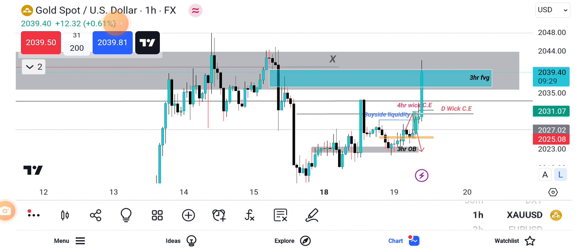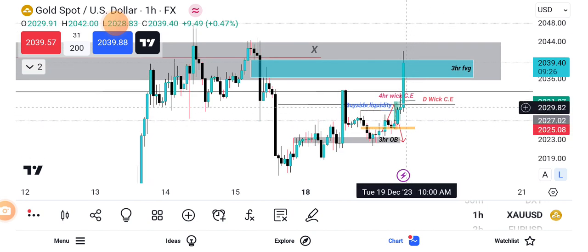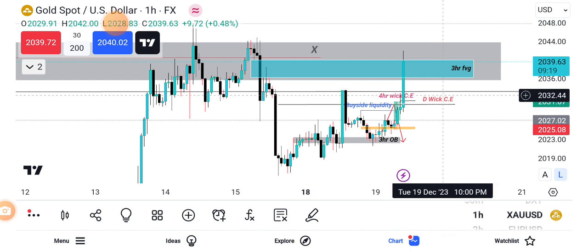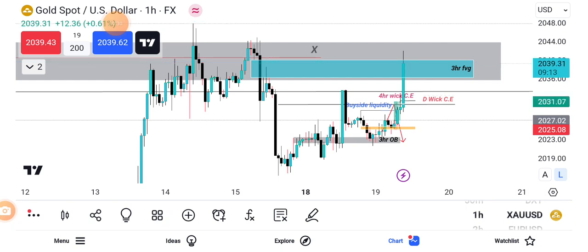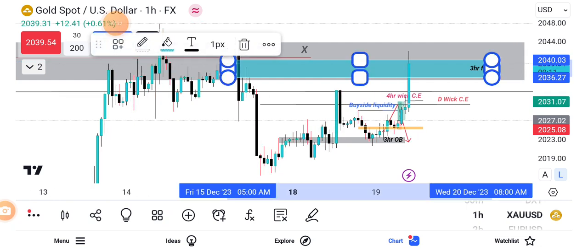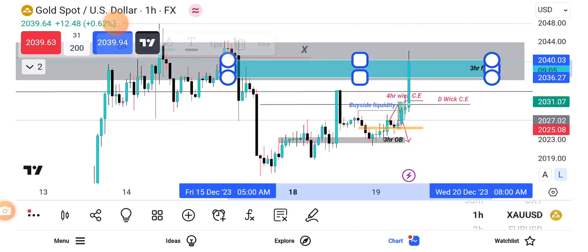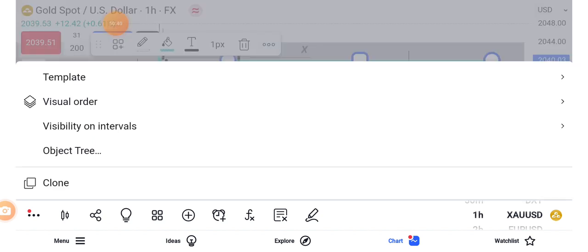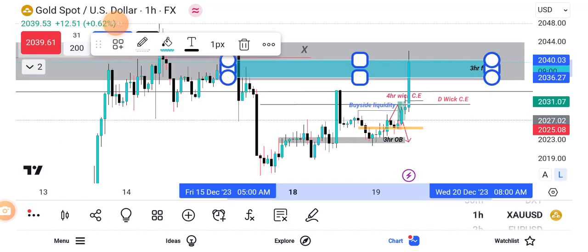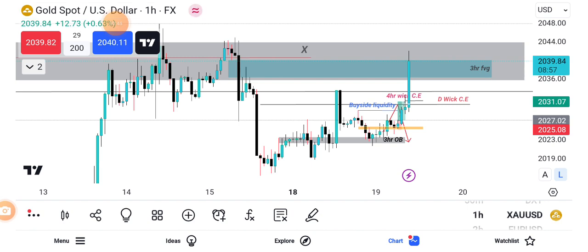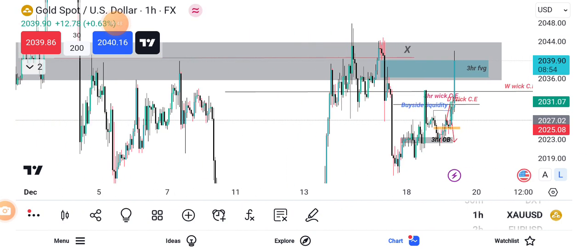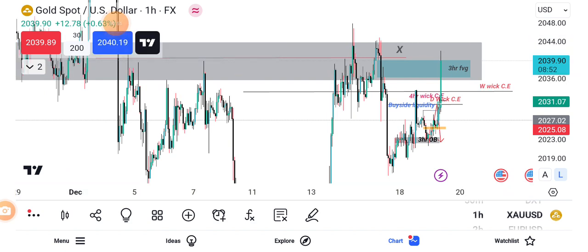It's around 9. This is 9. Yeah, it's 9. So I want to see how this 9 a.m. candle closes, and also what was this dark zone.